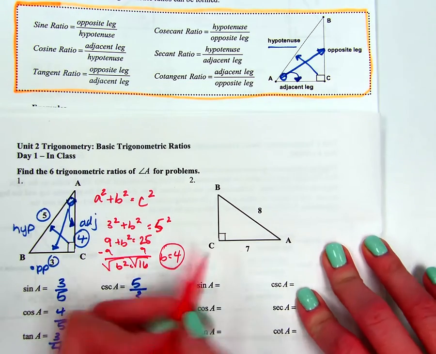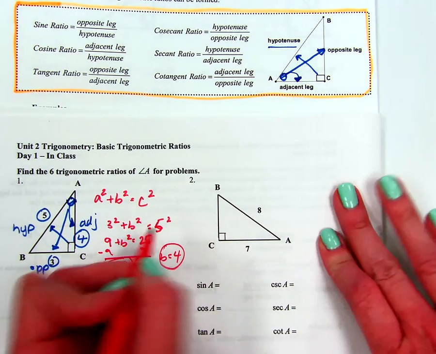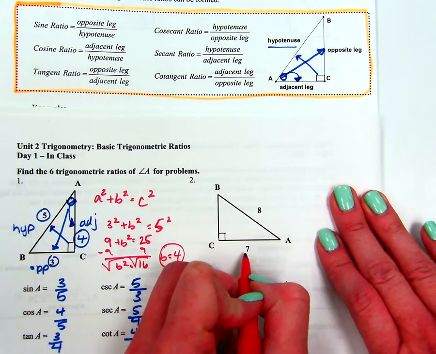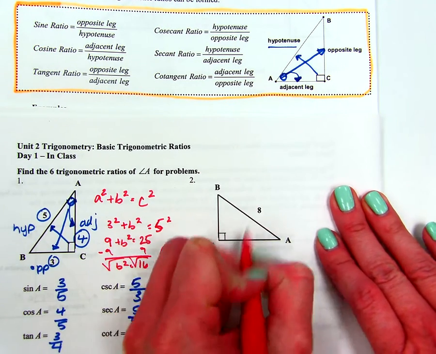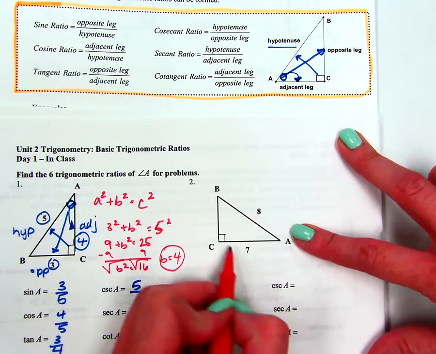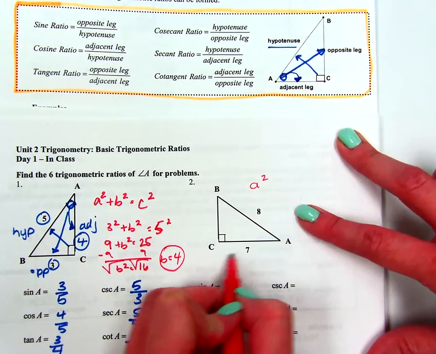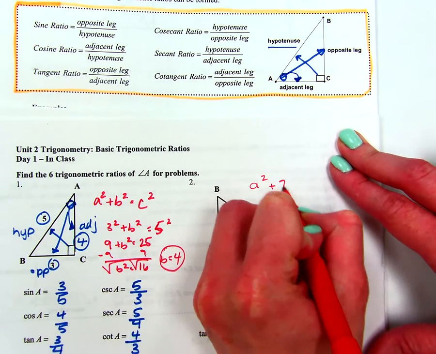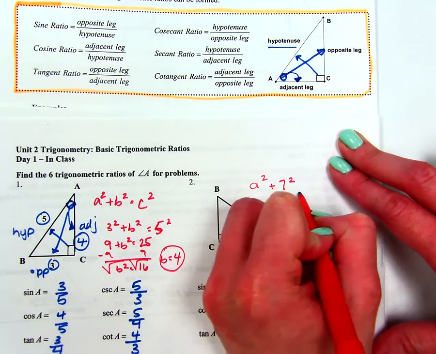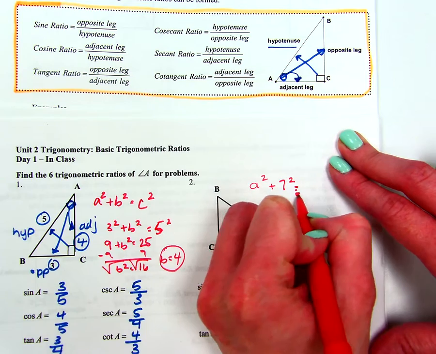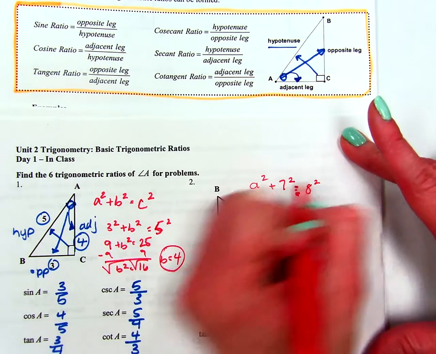So the first thing you guys want to do is solve for your missing side. So we have one side of 7. We're missing this side over here. And then we have our hypotenuse. So this is our a, and our a is missing. So we have a squared plus b squared, which is 7 squared, equals c squared, which is 64.